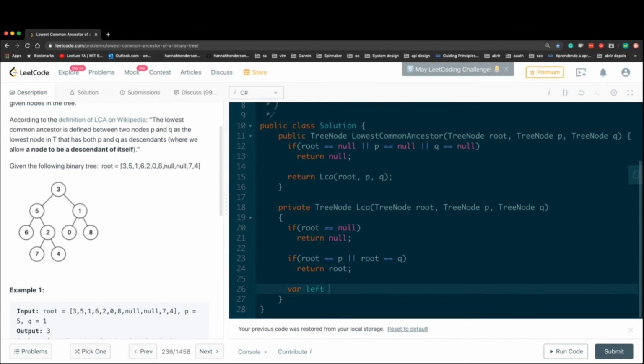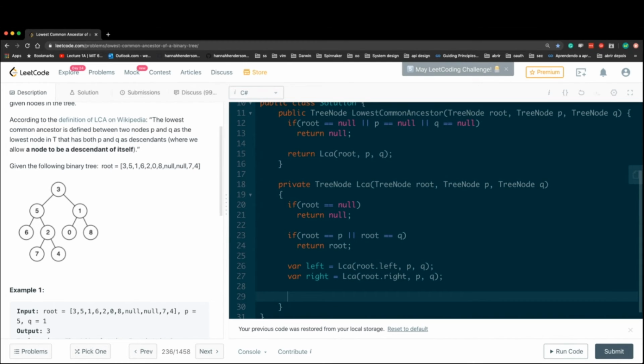So for the left side, we will call the LCA function, just passing the left node of this tree, and pass to the next call the same P and Q. As I said before, we will not manipulate P and Q, just the root. So we need to do the same thing for the right side, and also pass the right node of the tree.